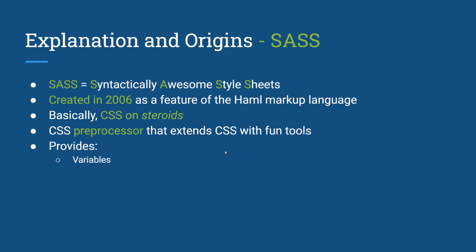So it provides a couple of things. It provides us access to variables that we can define. That's one thing that keeps our CSS code a lot drier, because we're able to define things like color variables or standard widths or values that we'll use throughout a bunch of different component files.